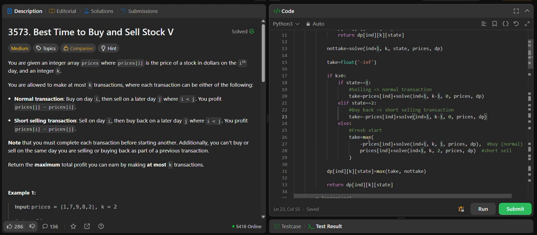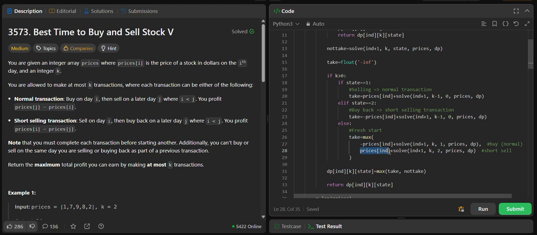So the take will be the maximum of the normal transaction, that is we are buying now. Buying means the price will be negative and we are visiting the next index, but as we are not completing any transaction, k will remain the same. And the maximum of the short selling, right? So in short sell we sell first as it is a fresh start.